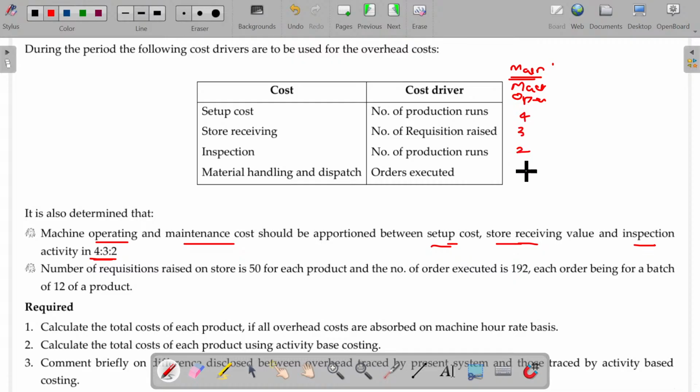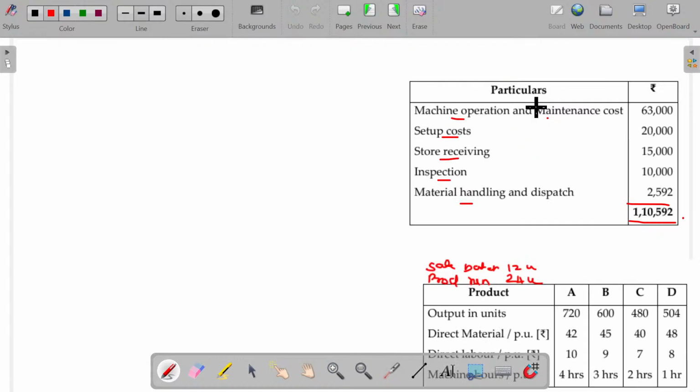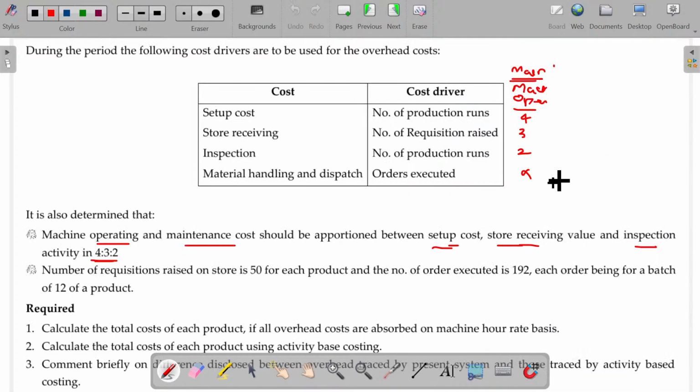For machine operation and maintenance cost there is no proper cost driver, but it can be allocated to these three cost centers, and then you can use ABC costing. The number of requisitions raised on stores is 50 for each product, and the number of orders executed is 192, each order being for a batch of 12 of the product.